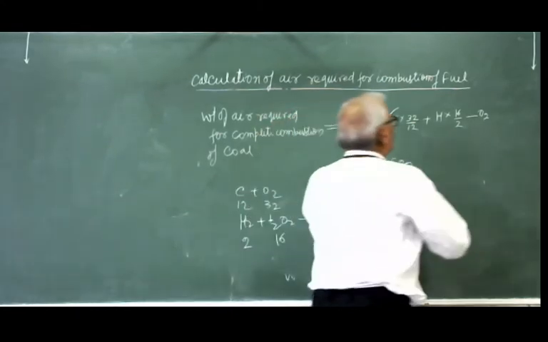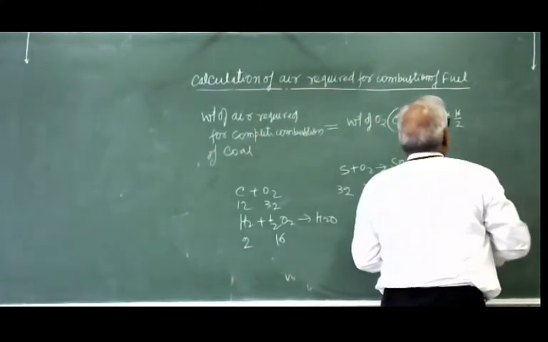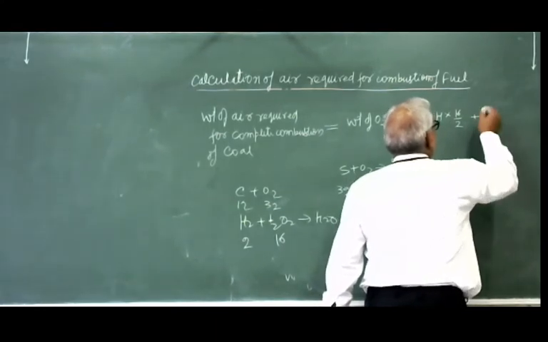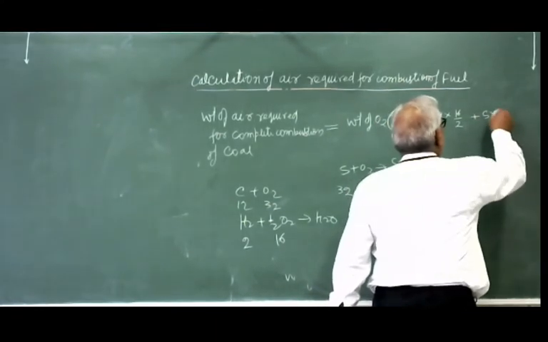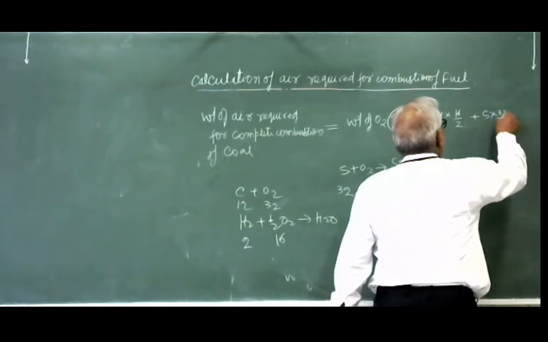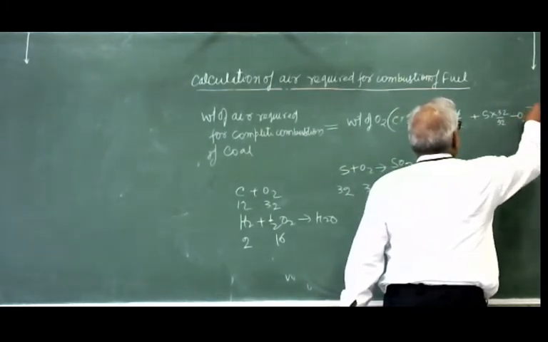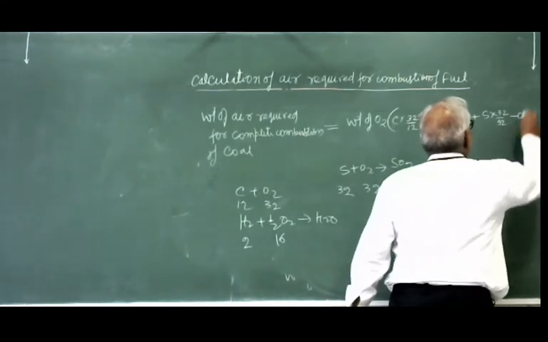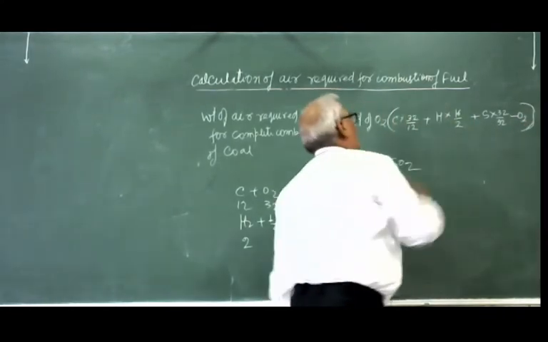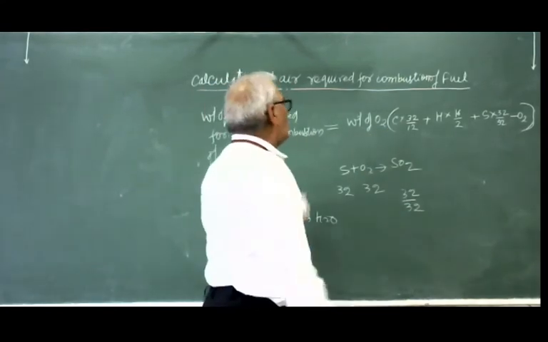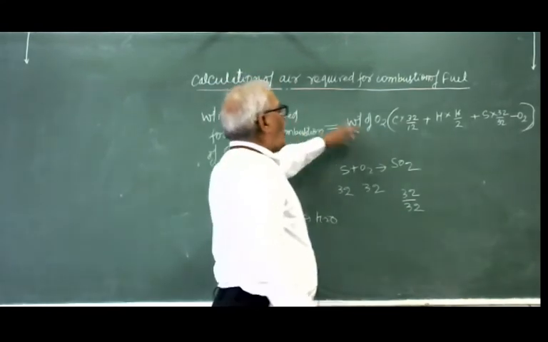So you can also say here one factor plus sulfur multiplied by 32 by 32 minus O2. So this formula can be applied very easily in one step. You can calculate.